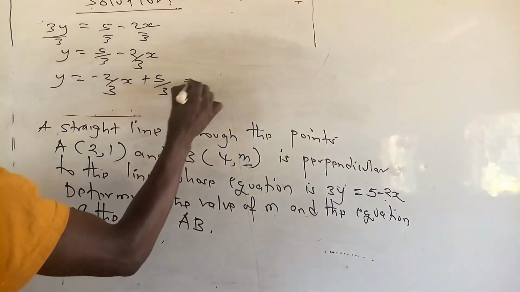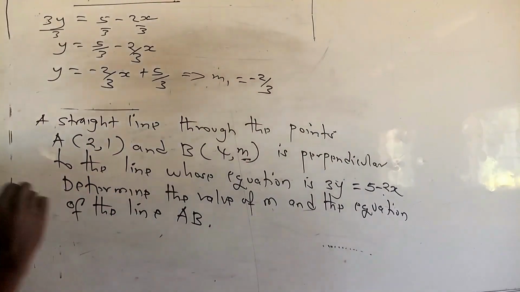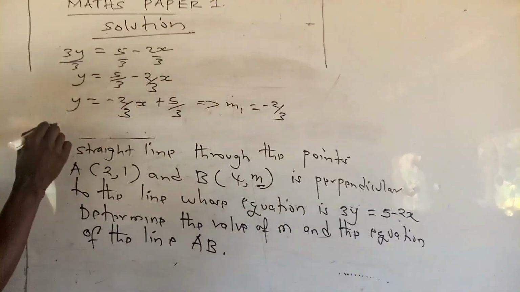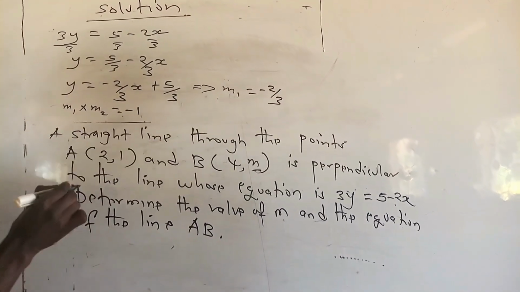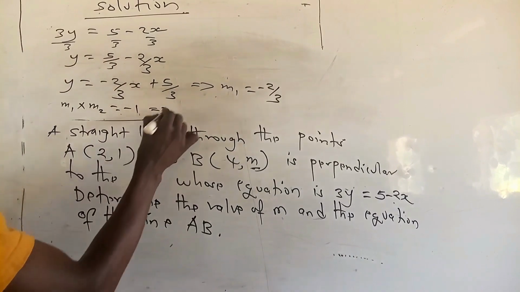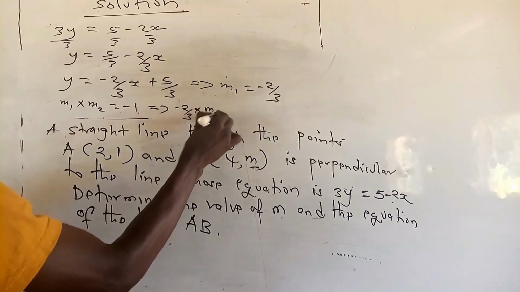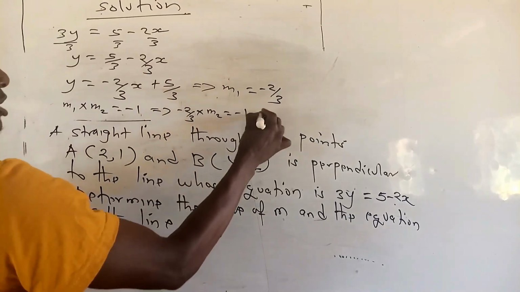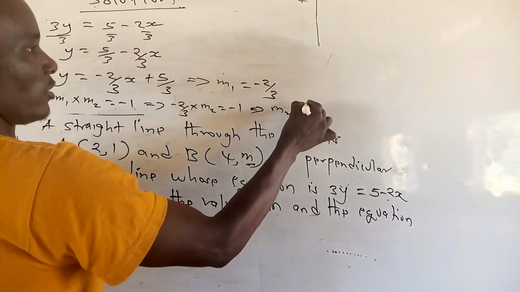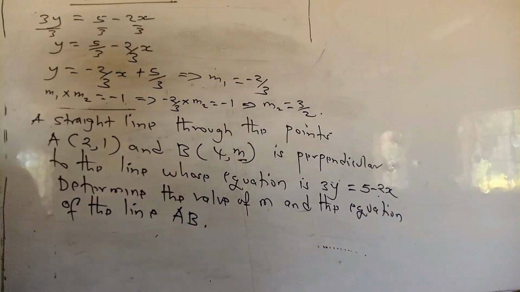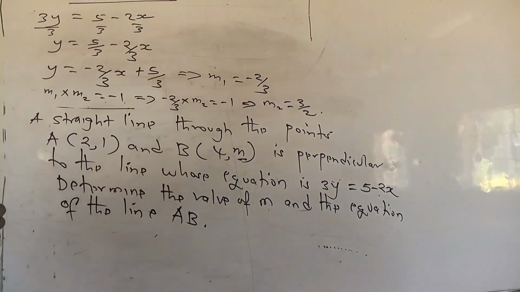This implies that m1 is equal to negative 2 over 3. Now if m1 is negative 2 over 3, and we know that m1 times m2 should give us negative 1, this implies negative 2 over 3 times m2 is equal to negative 1, which means that m2 will be 3 over 2. So we have the gradient of line AB as 3 over 2.